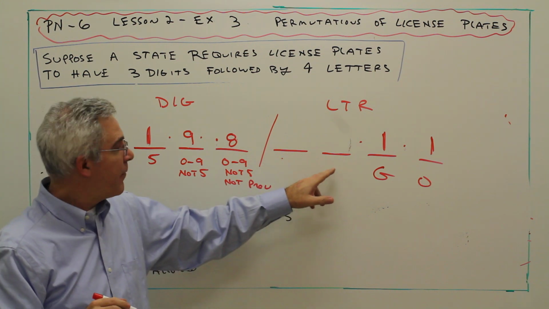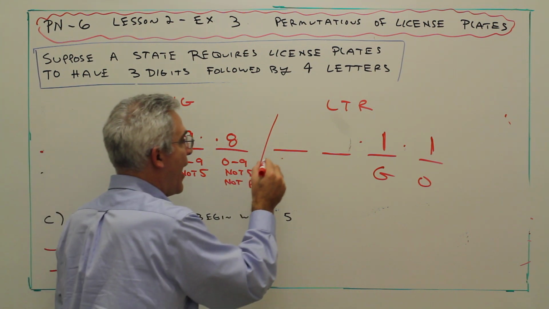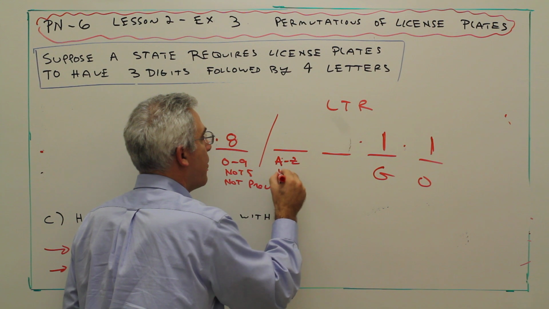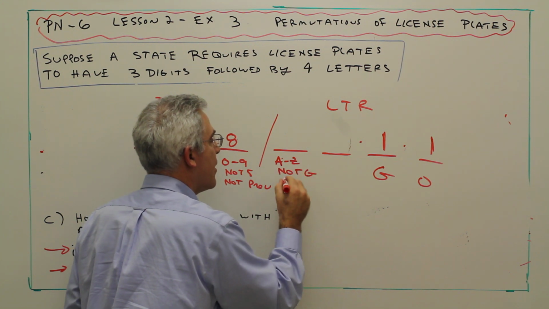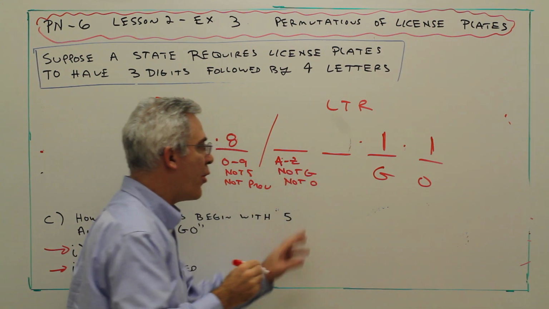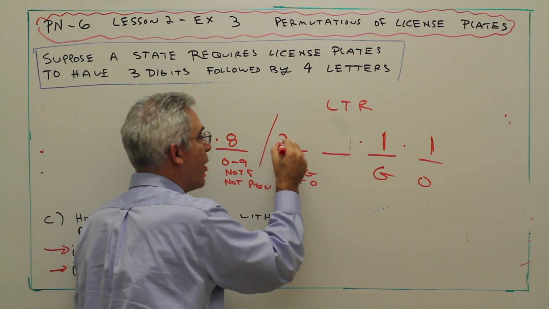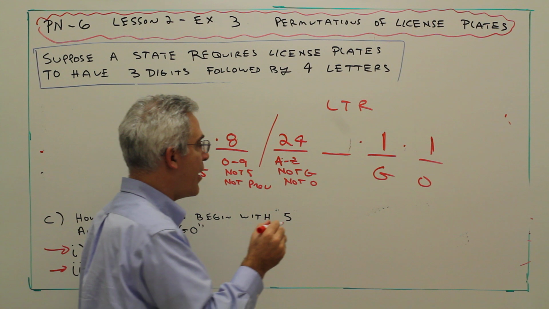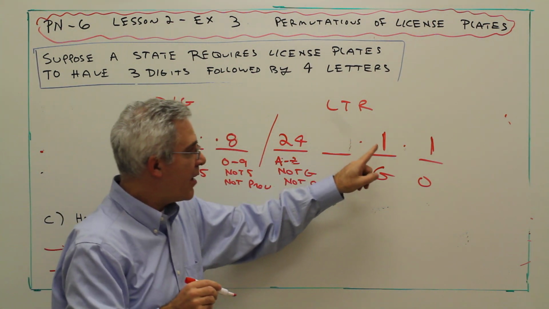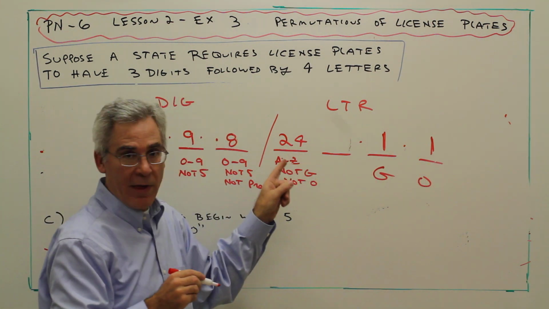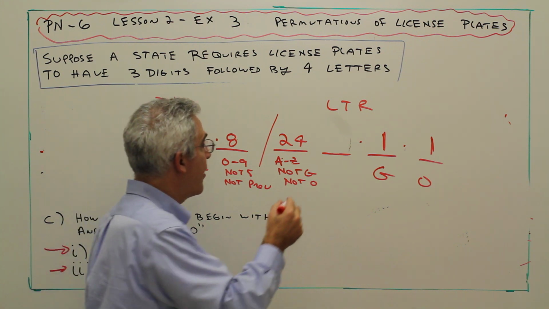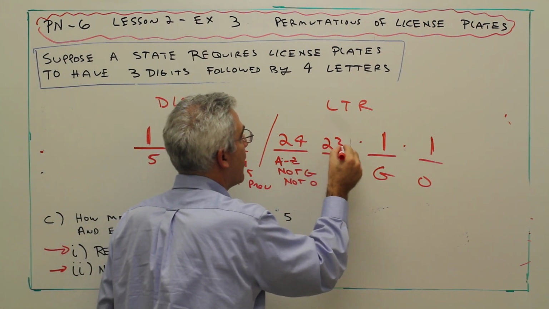Same thing over here. Okay, I could be A through Z, but not G and not O. So there were 26, but don't be those two, so that's 24. And likewise over here, don't be that one, or that one. So 26 take away 3 is 23.